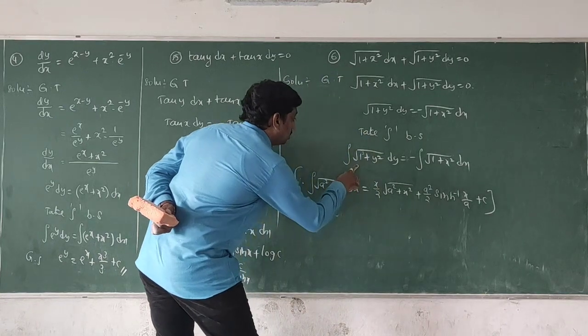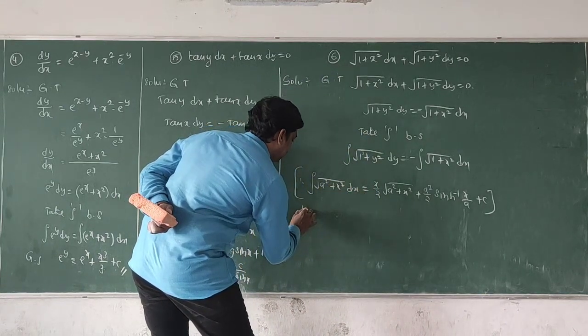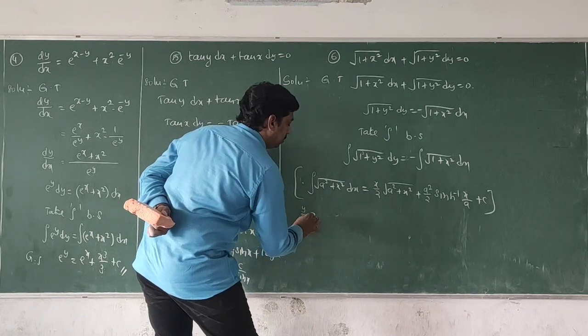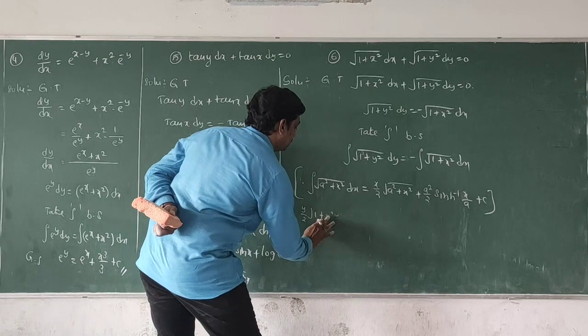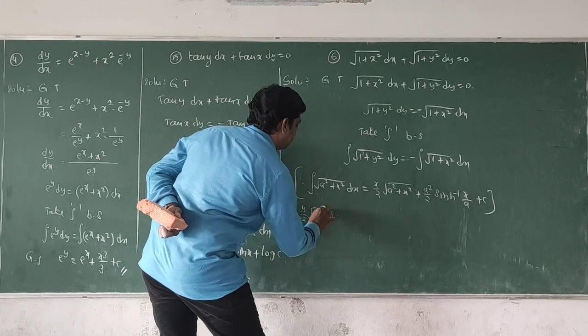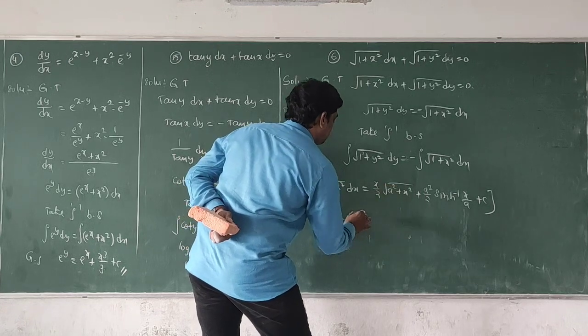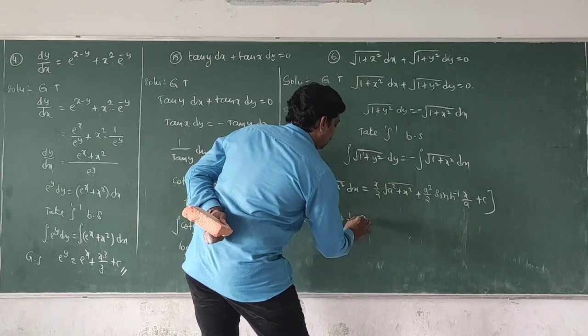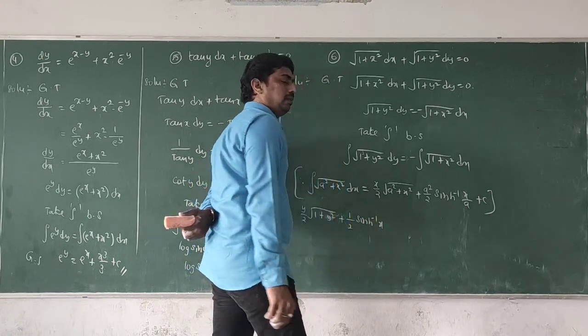So x by 2 into, here for y, that means y by 2 into square root of 1 plus y square, plus a square by 2, where a is 1, so 1 by 2 into sinh inverse of x by a, which means x only.